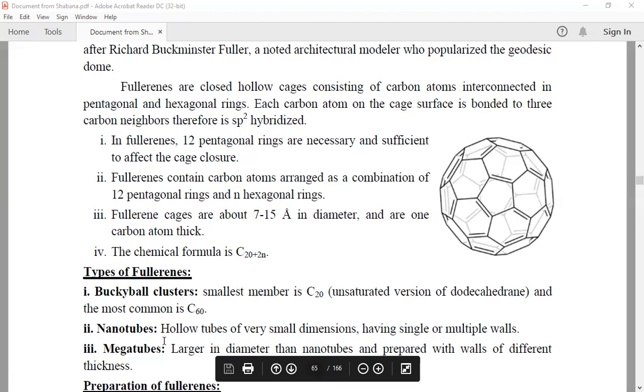Coming to the third type of fullerene, which is known as the megatube, it is larger in diameter than the nanotube and prepared with walls of different thickness. And it is also potentially used for the transport of a variety of molecules of different sizes.